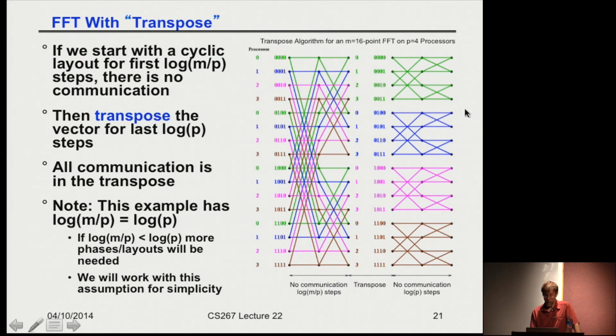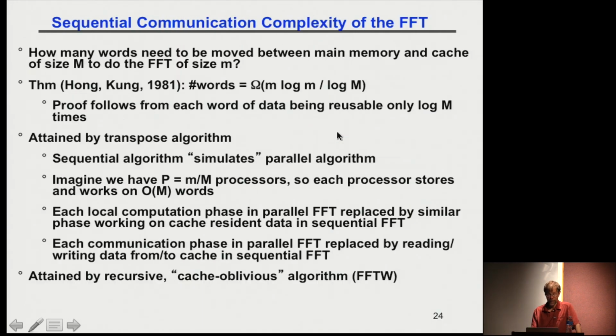It's going to do what the green processor would do, all of that, finish it, put it back into main memory. Then it's going to run the blue algorithm, do everything the blue processor would do, then the magenta, and then the brown. Then it'll do what the green processor would do, then the blue, then the magenta, then the brown. And everything at each of these levels, if I pick the number of processors right, will all run in cache. So each one of these color-coded subsets of the butterflies is all going to run in cache. And so that will hit the lower bound.